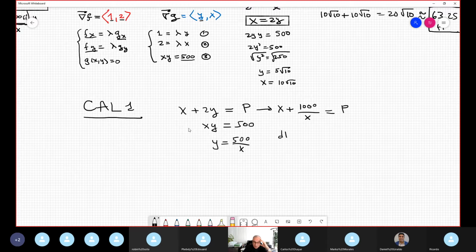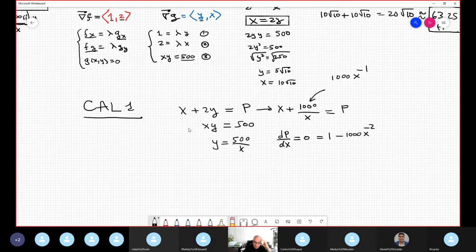So you find, for example, dP/dx, because I want optimization equal to 0, no? Derivative with respect to x: you consider in your mind que this is 1000 times x to the minus 1, no? Entonces minus 1000 x to the minus 2, no?